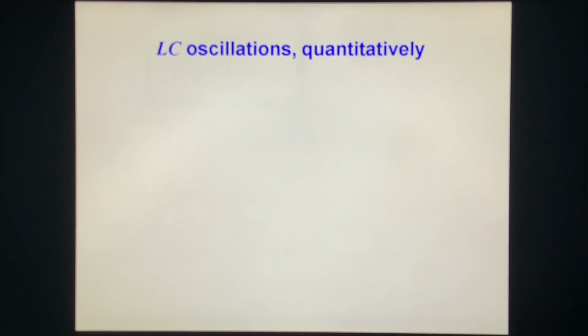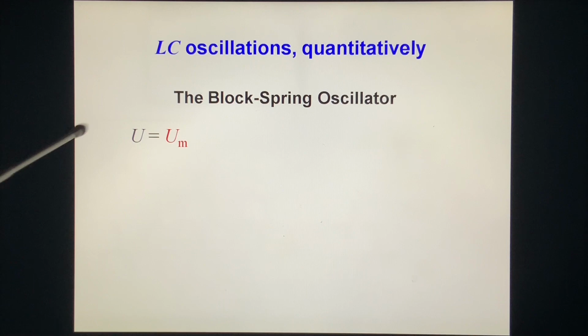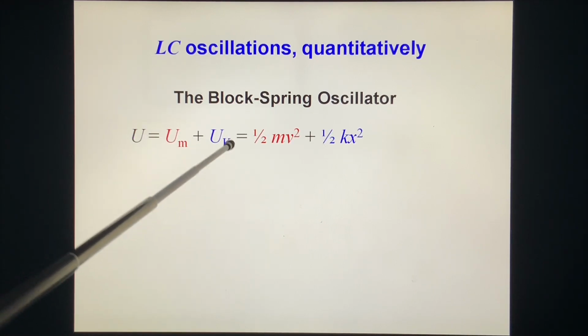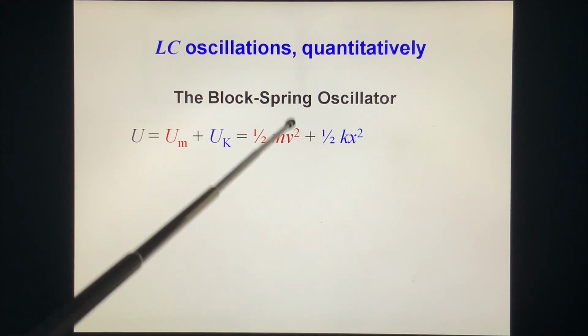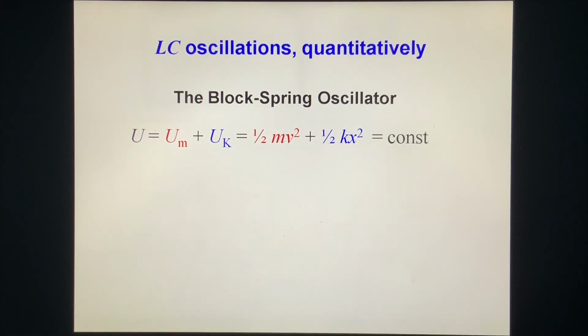LC oscillations, quantitatively. In the block-spring oscillation, U equals U of the mass plus U of the spring. This is the kinetic energy of the block, and this is the potential energy of the spring. The total is constant. Suppose there is no resistance, no friction, and so dU/dt equals 0.